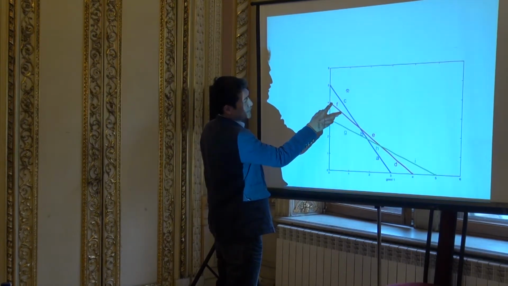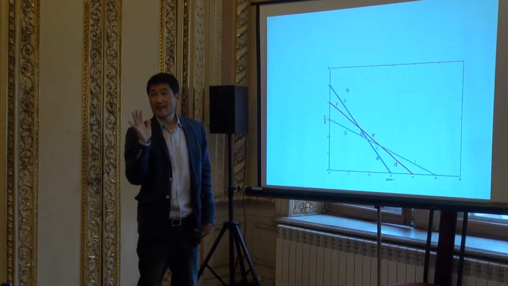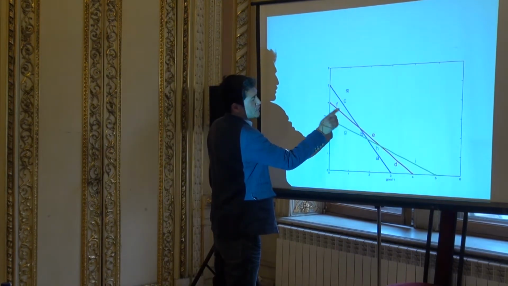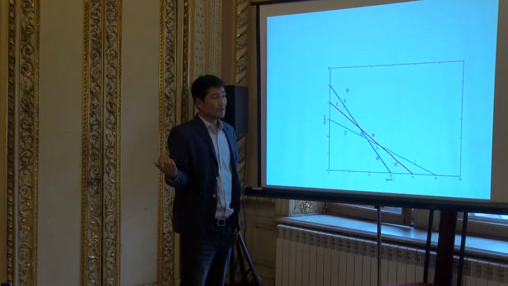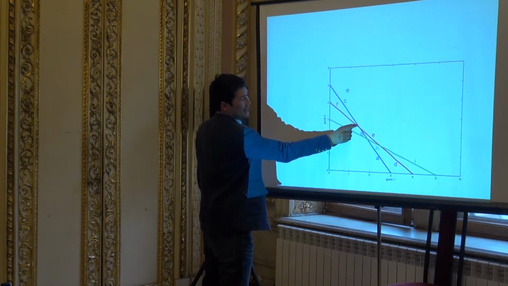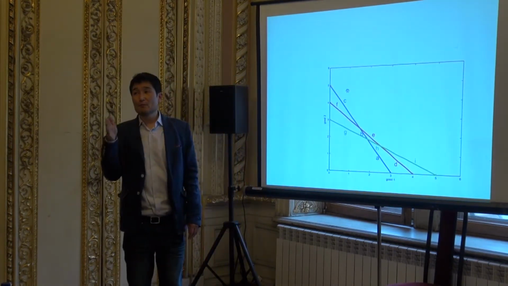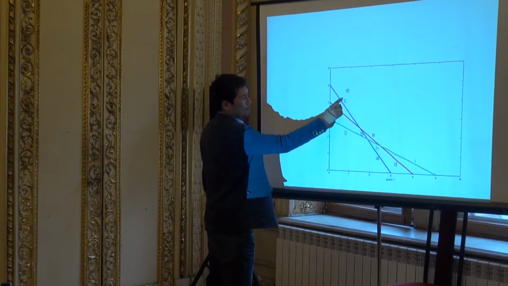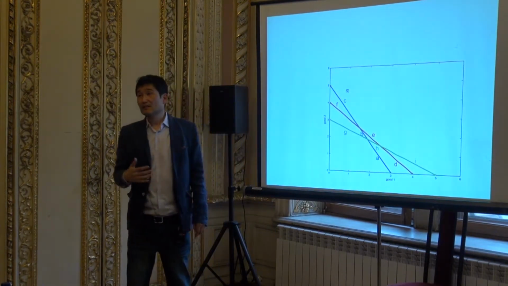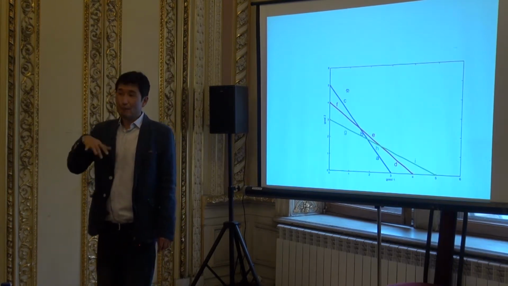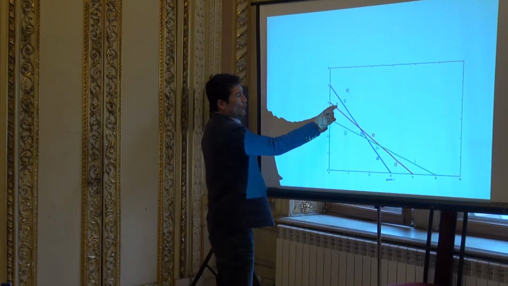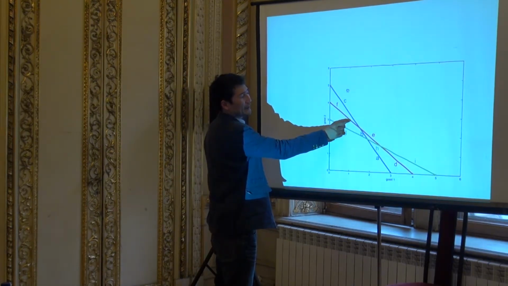The theory just tells you that if you choose a point from this patch when facing the red budget, and then your budget line changes to the blue line, you cannot choose from this patch. That's the restriction. But the theory really doesn't care whether you choose from here or here.